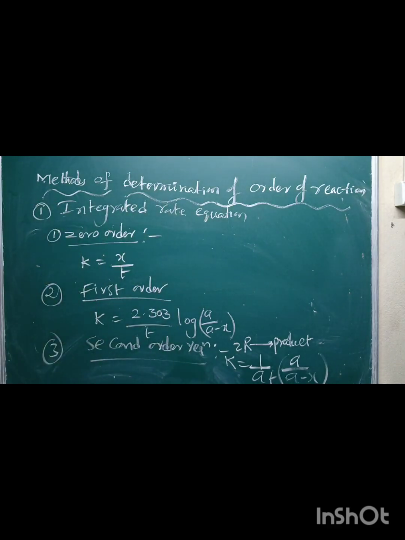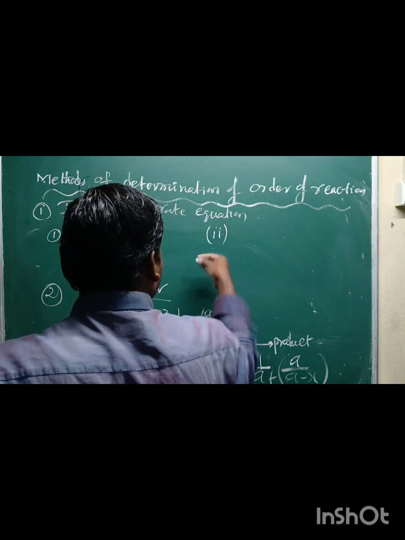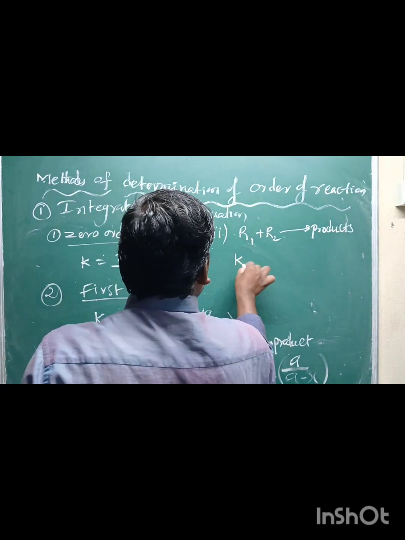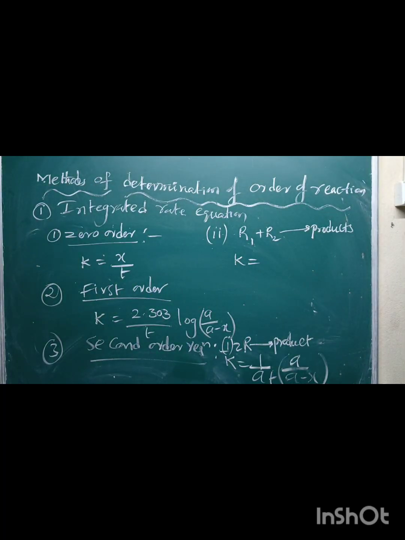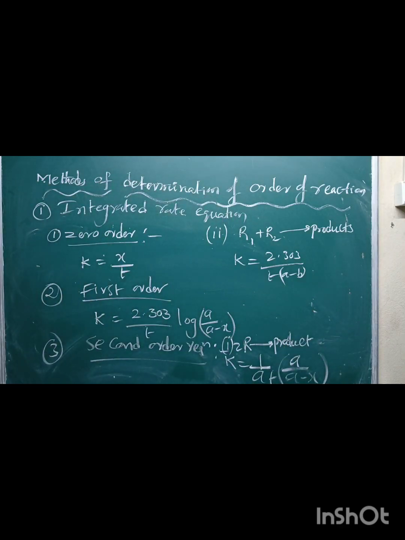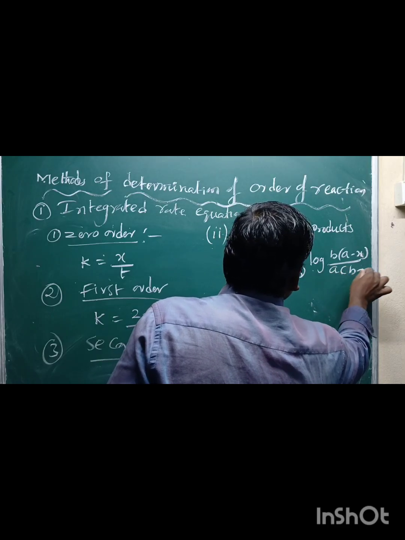For A plus B gives rise to product, K is equal to 2.303 by t(a minus b) log of b(a minus x) by a(b minus x).